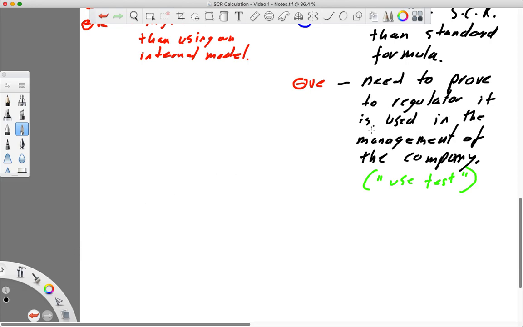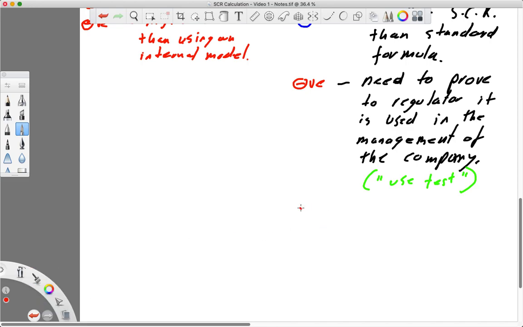Instead, the model has to be used as part of the risk management process of the company. So I guess you could argue that's a good thing, so actually this should be a positive. I've put this as a negative because it means that there is more effort required here in comparison with the standard formula type approach.